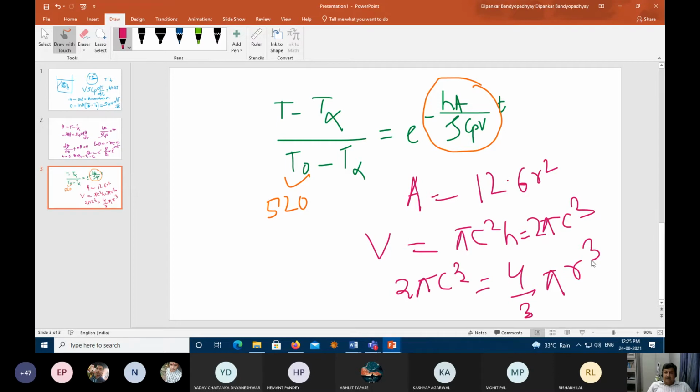Just like you have gone for area in terms of R for a sphere, you go for a cylinder. Sir, area should be approximately 14.27 R square.